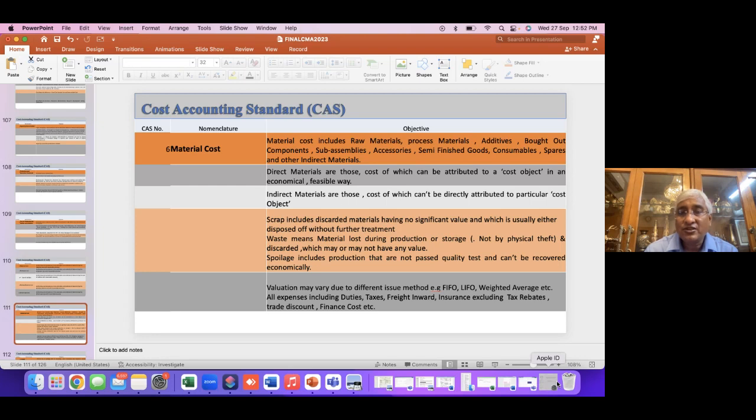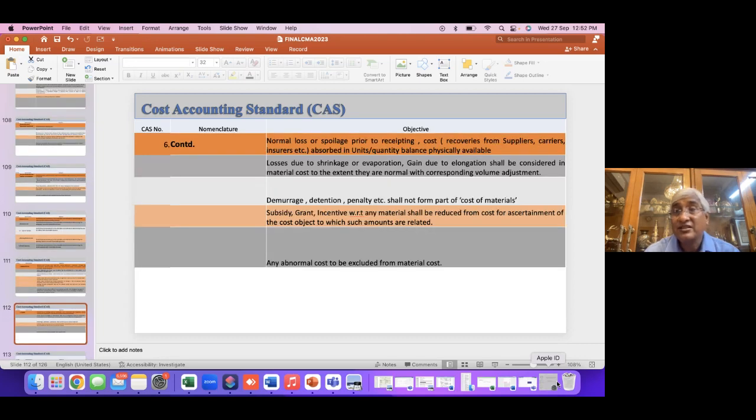So monitoring material cost requires consistency in valuation, consistency in treatment. If you have changed the way you process the material for the finished product, then the material cost may vary significantly. So all these things are to be kept in mind while reporting, and cost standards basically guide us in this respect.